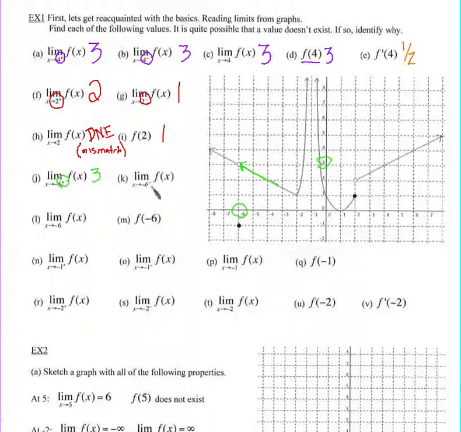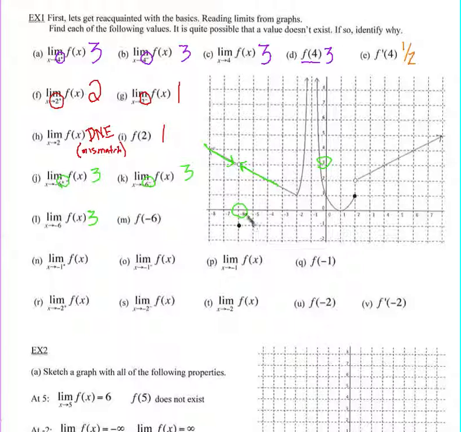As we come at it from the left hand side, we are approaching a value of 3. The limit of the function as x approaches -6, well, the left limit and the right limit match, so then the limit at -6 is 3.